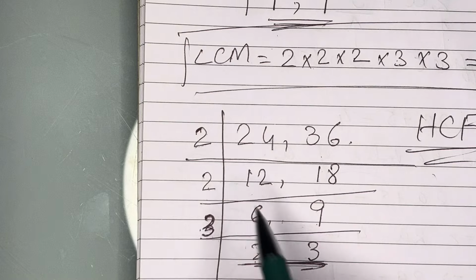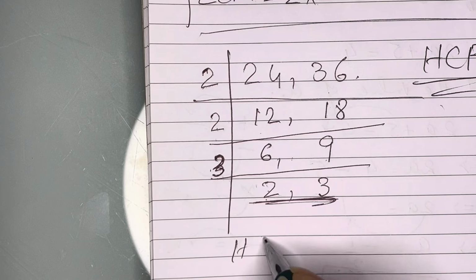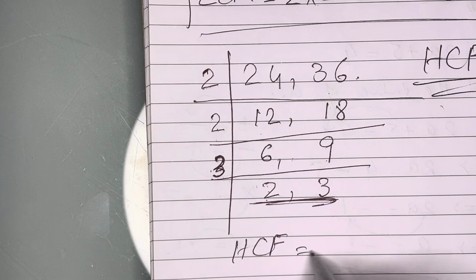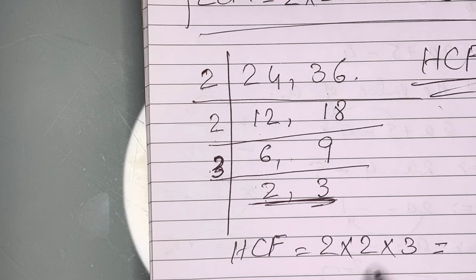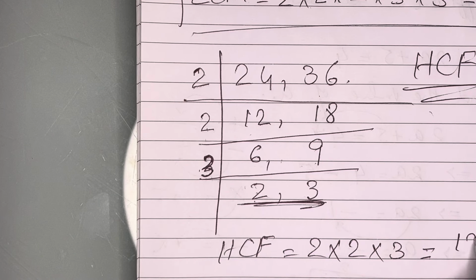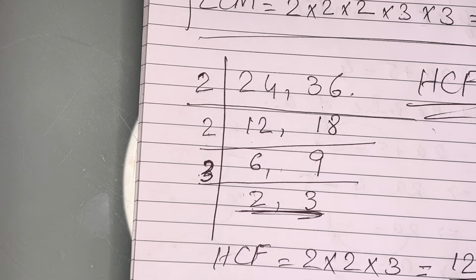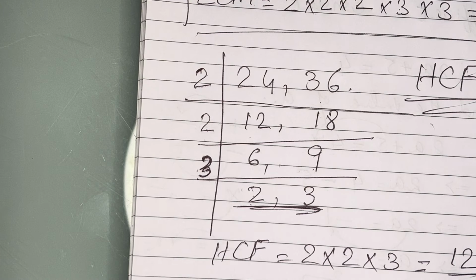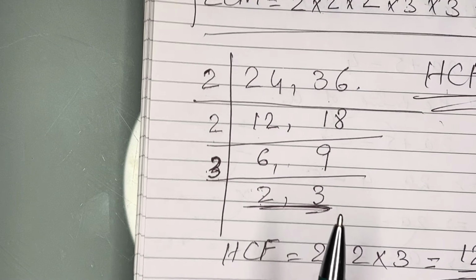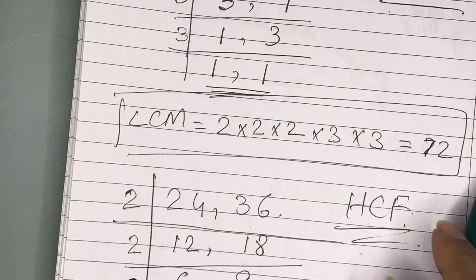Can we divide them? No. Do we need to get 1? No. So the HCF will be 2 multiplied by 2 multiplied by 3, which is 12. So the HCF of 24 and 36 is 12, while the LCM was 72.